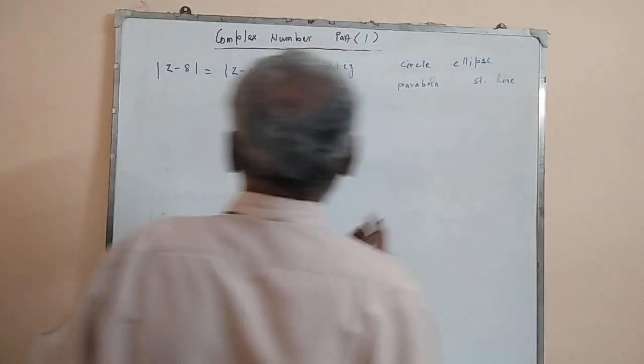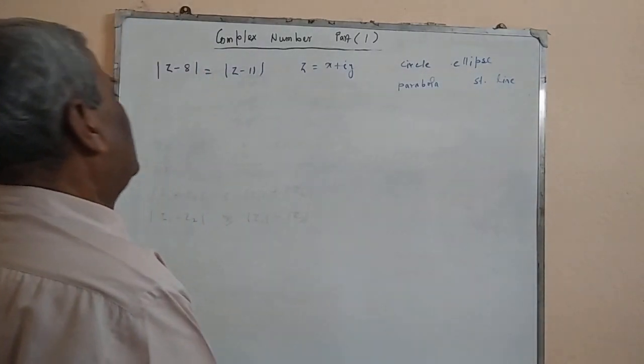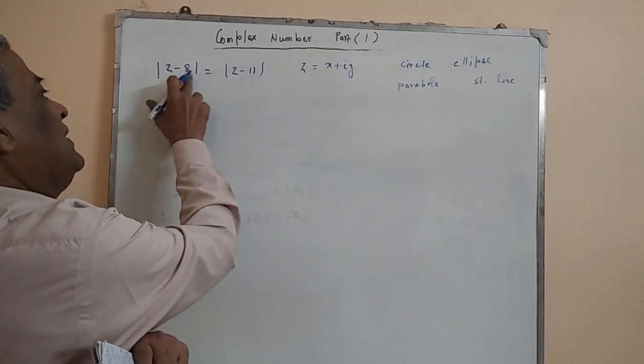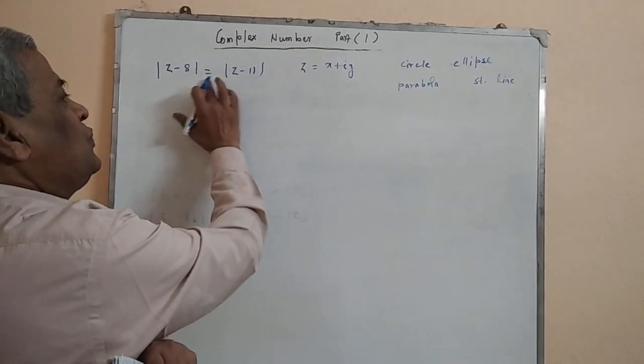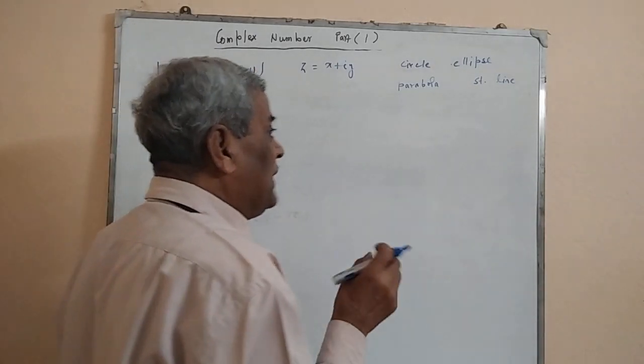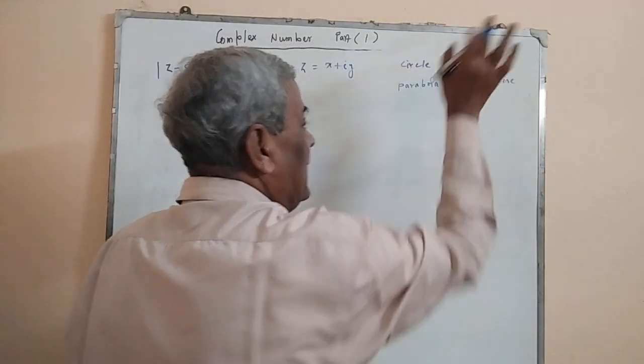The problem is that z is a complex number x plus iy, and given that mod of z minus 8 is equal to mod of z minus 11, then the complex number z lies on what? On a circle or ellipse and so on.